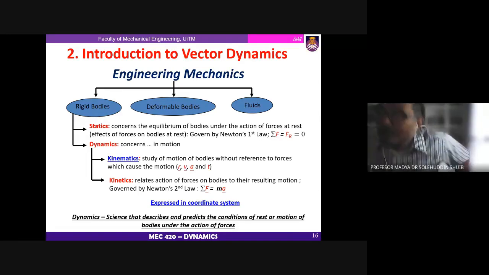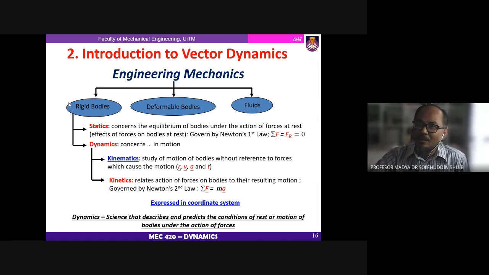For vector dynamics, in mechanical engineering, what we have is what we call engineering mechanics. What we have learned in engineering mechanics is the rigid body.